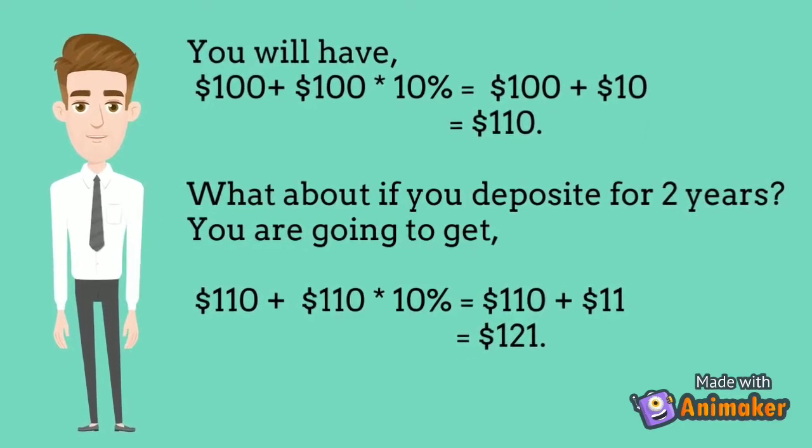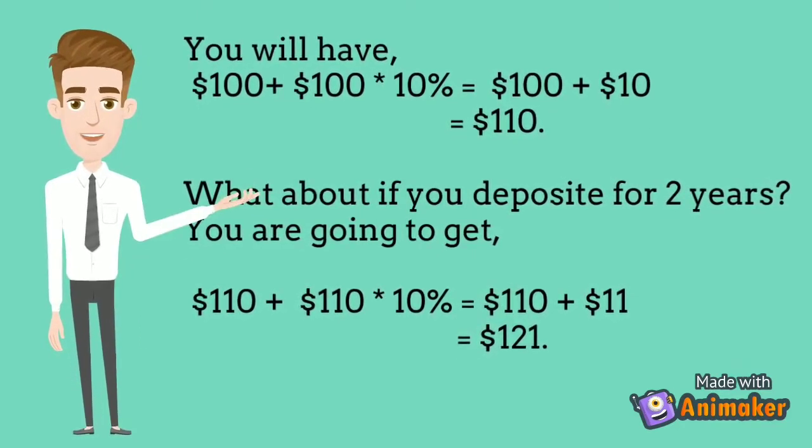By using the formula of compounding interest, you will have $100 plus $100 times 10% equals 100 plus 10. And then we have 110. What about if you deposit for 2 years?